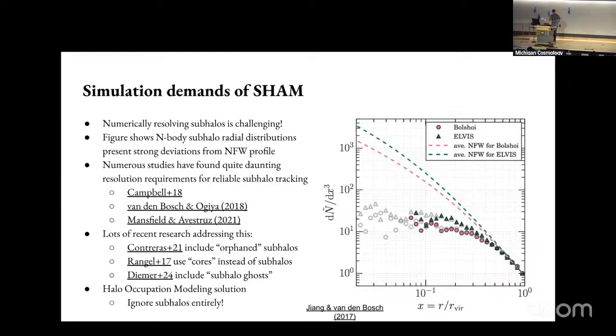The circles or the triangles show the radial distribution of actually simulated subhalos in either Bolshoi or ELVIS, high resolution N-body simulations. You can see that in the interior regions of the halo, at very small radii, you're even like an order of magnitude off in the abundance of subhalos from the NFW profile.